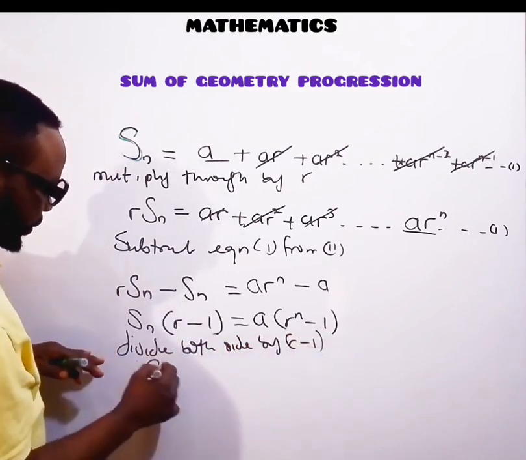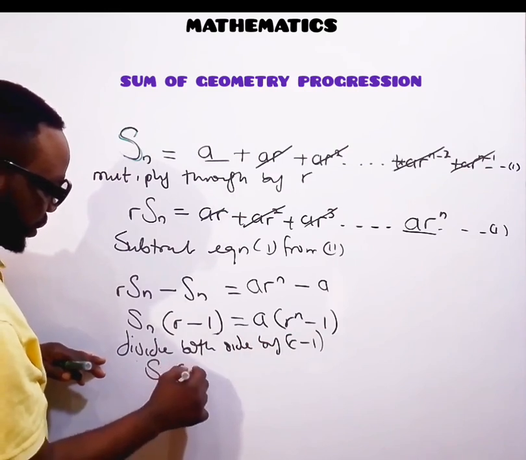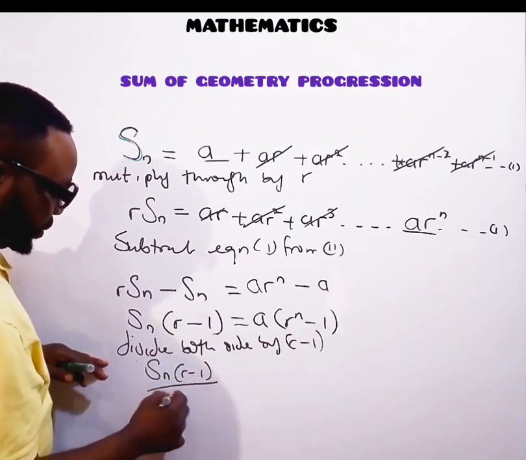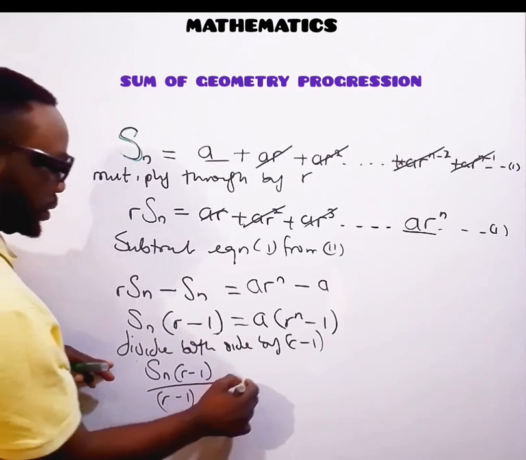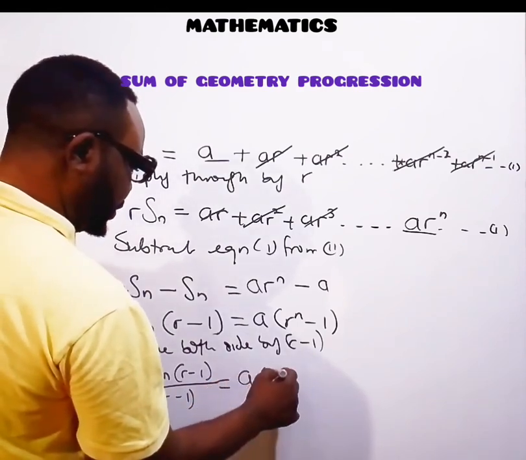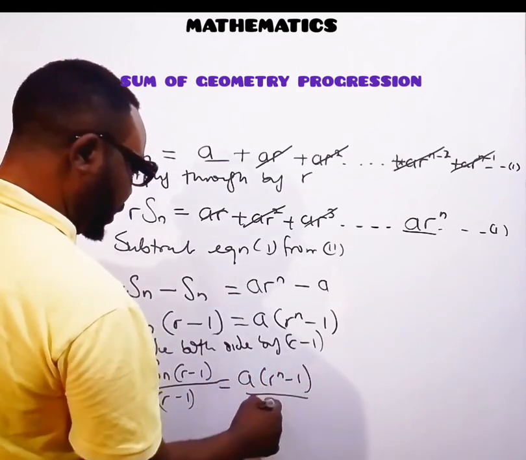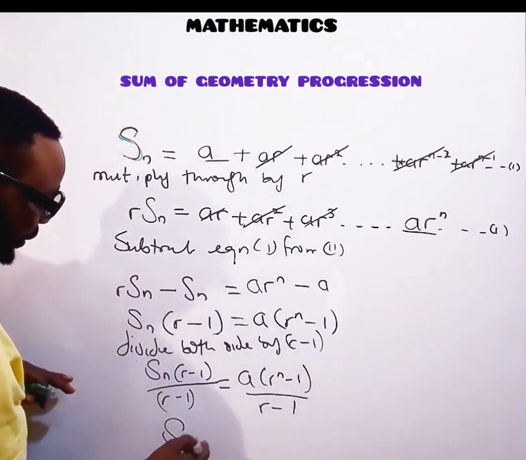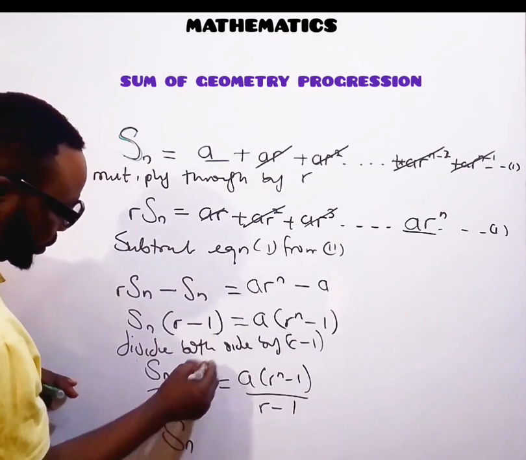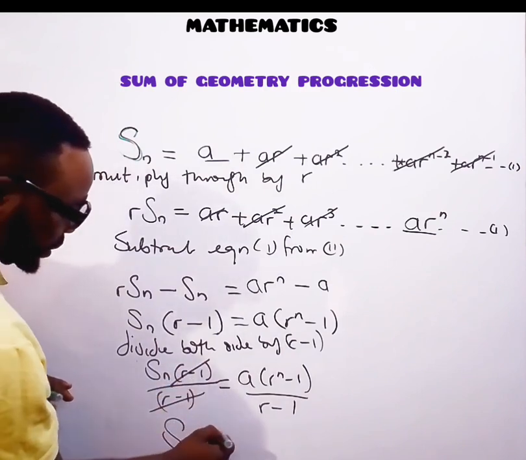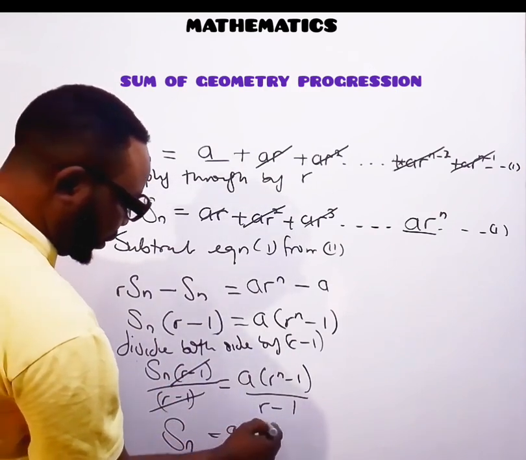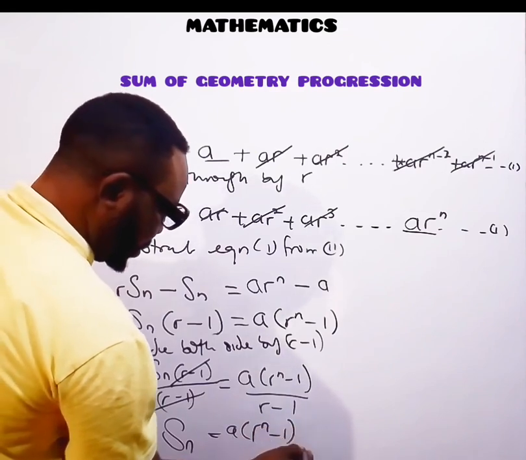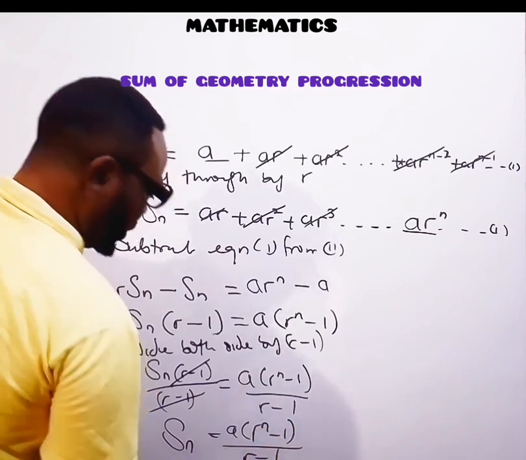We have the sum of n terms into the bracket r minus 1 over r minus 1 equal to a into the bracket r raised to the power n minus 1 over r minus 1. This cancels out, so the sum of n terms is equal to a into the bracket r raised to the power n minus 1, all over r minus 1.